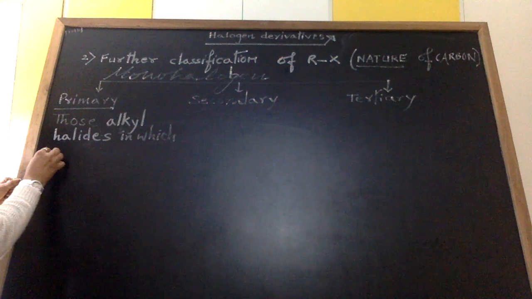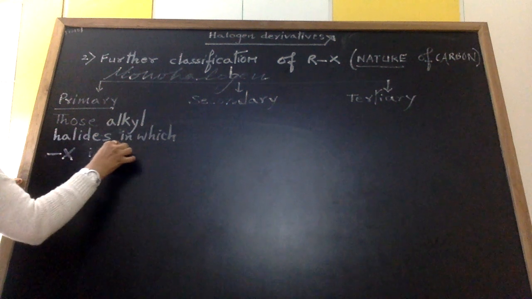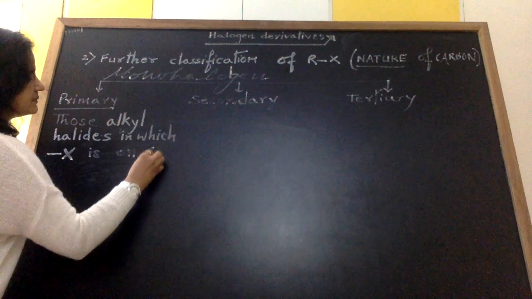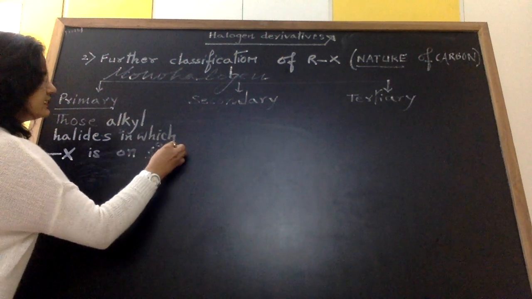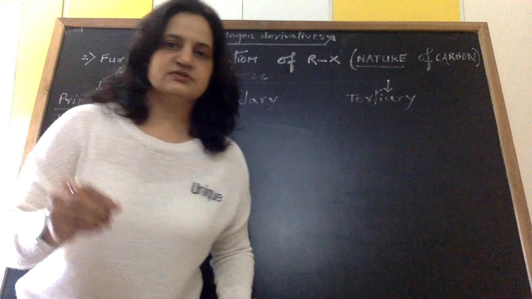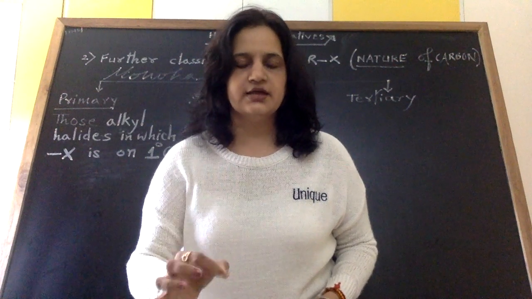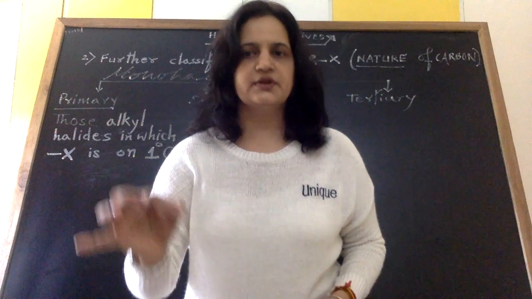I am writing in which dash X, that is halogen, is on primary. Primary carbon is also called 1 degree carbon. So primary alkyl halides are those alkyl halides in which halogen is on a primary carbon.